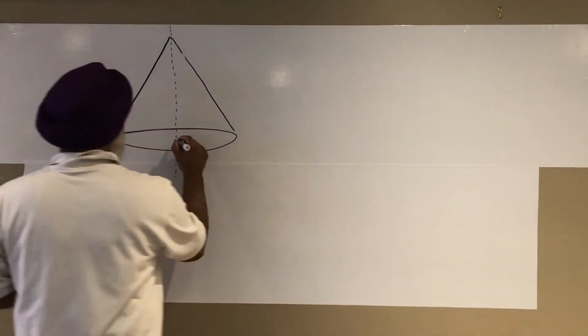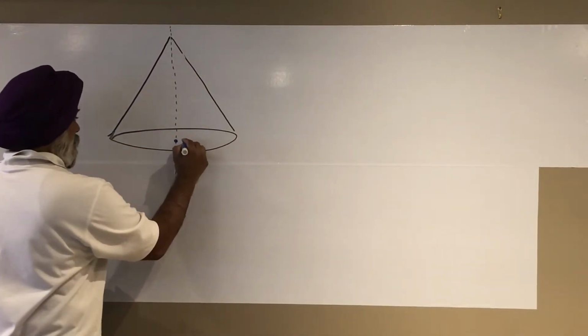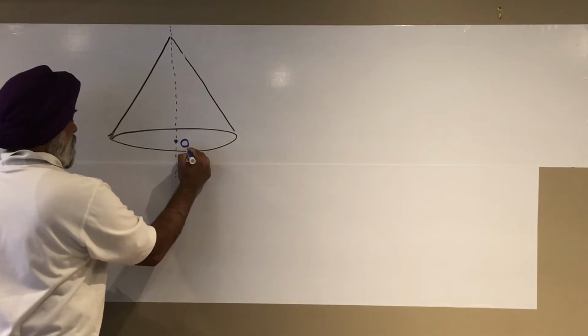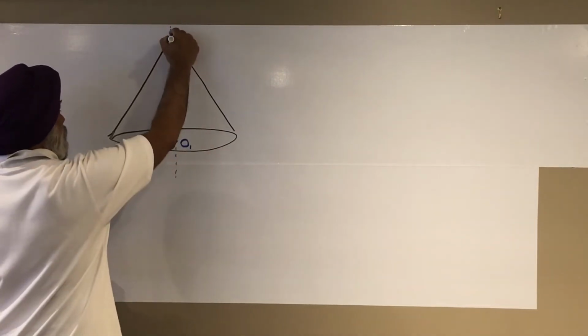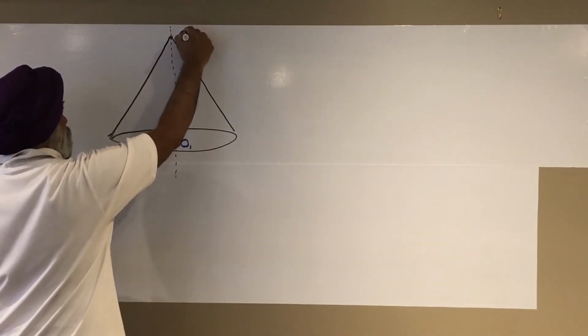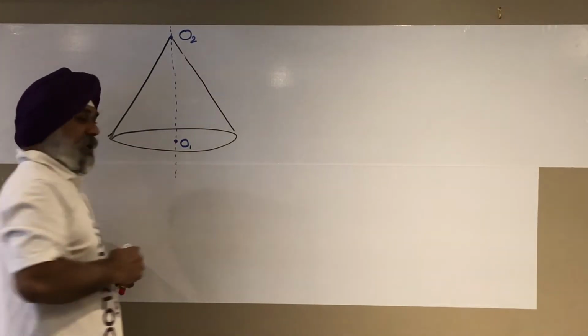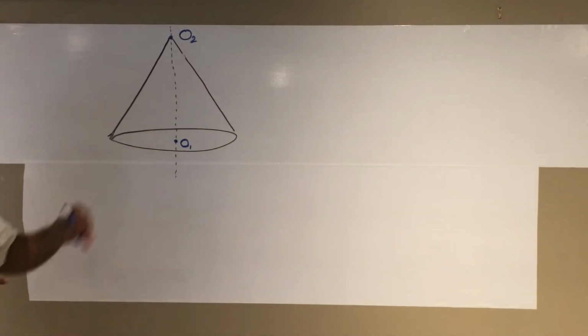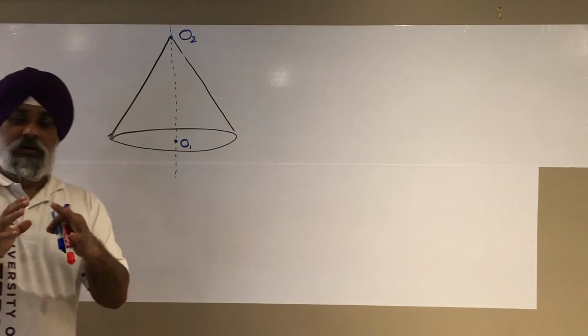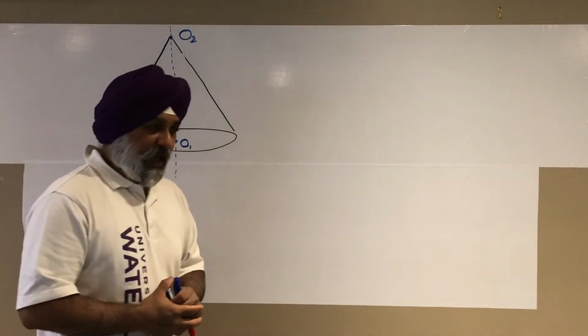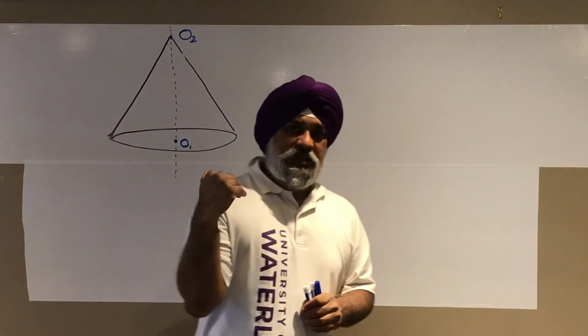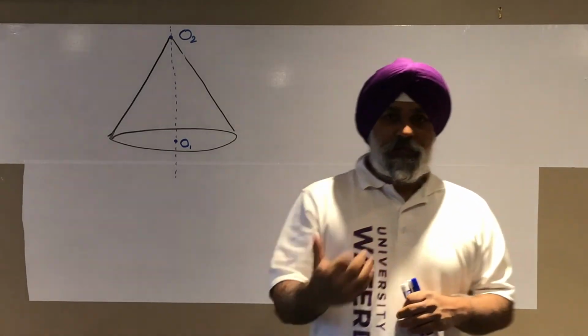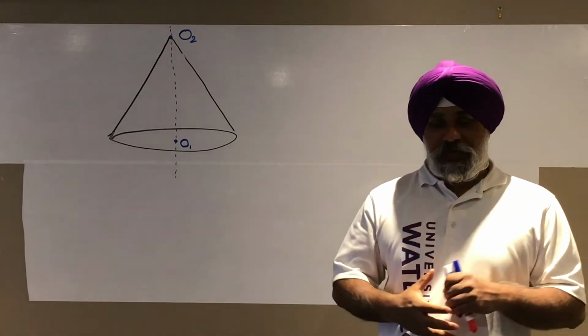One choice is you put the origin at this place, let's call it O1. And the other choice is you put the origin at the top. I'm calling it O2. Pause the video and think which one of these would make your life easier compared to the other.